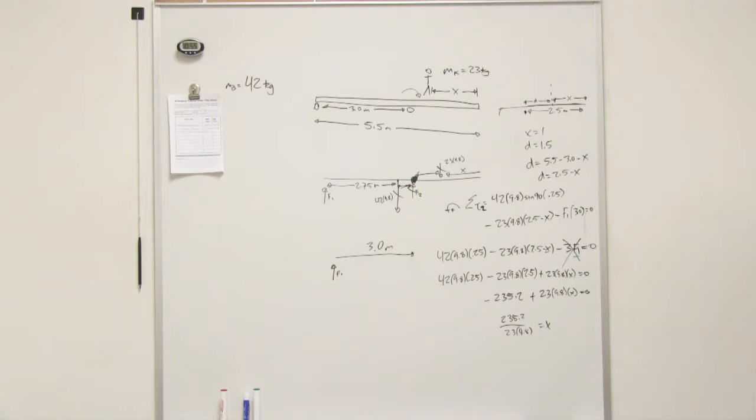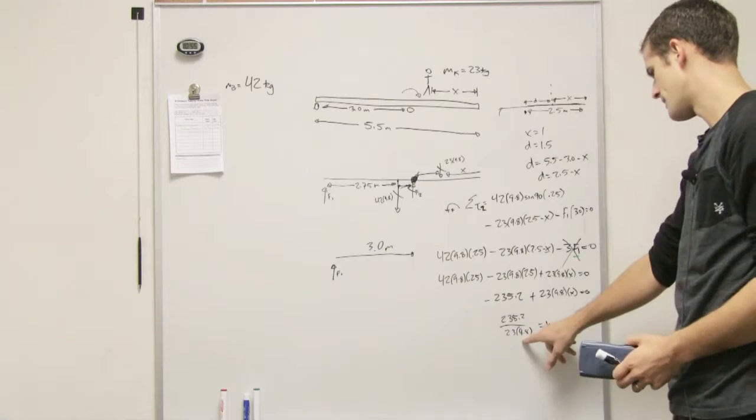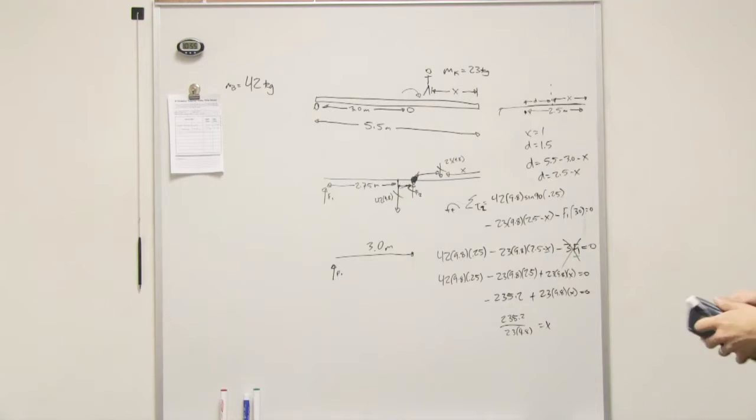I think it should be closer to 1, just because this will end up being about 230. So 235.2. I think I accidentally, on the top one, I added the 23 times 9.8, so I went back.